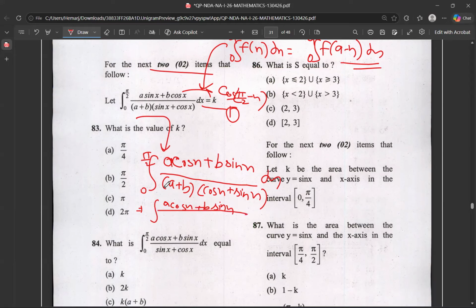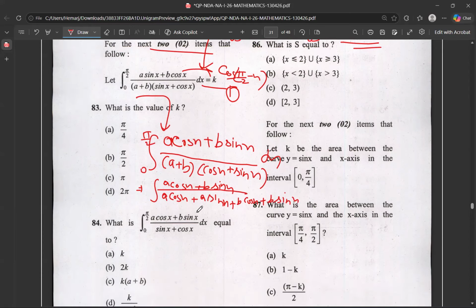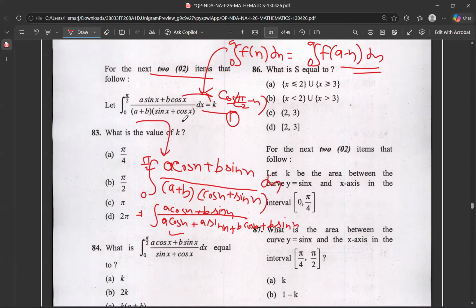In denominator, a cos x plus a sin x, b cos x plus b sin x. See, the denominator of this equation 1 is also exactly similar to this because the denominator is same in both equation 1 and equation 2.